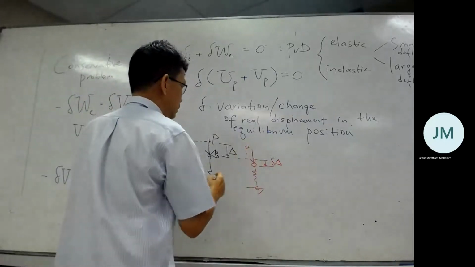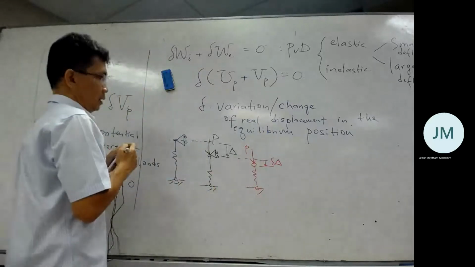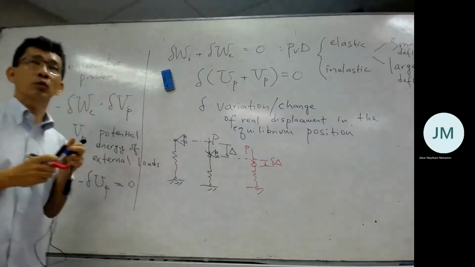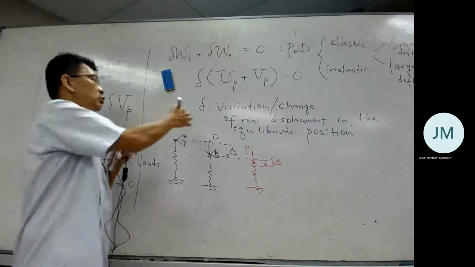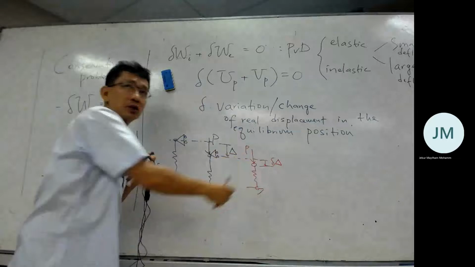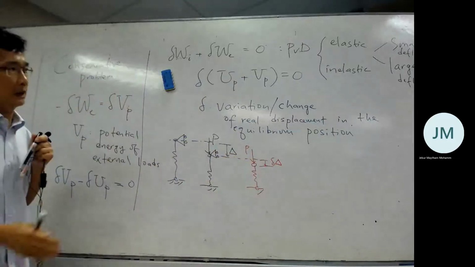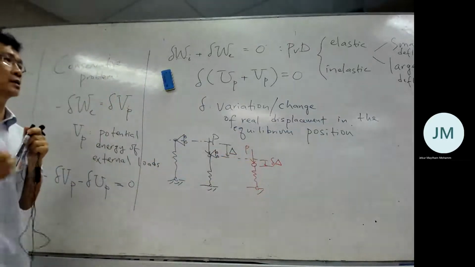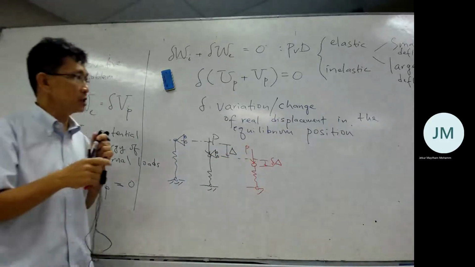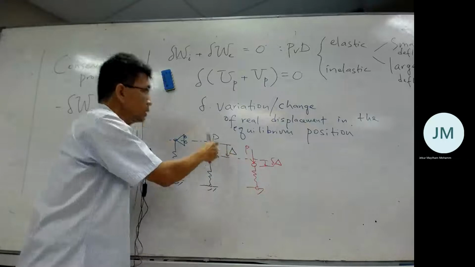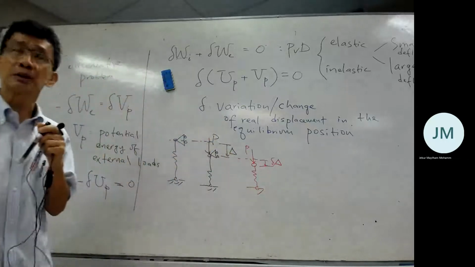This is the way we can understand this delta. In the beginning, we considered this as virtual, but we can also consider this delta as a variation or change of the real displacement delta in the equilibrium position.